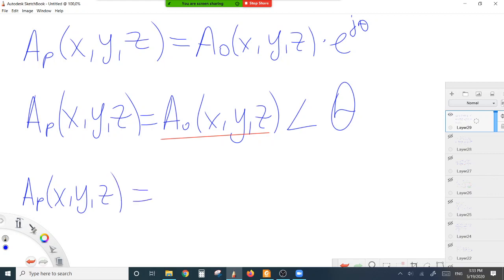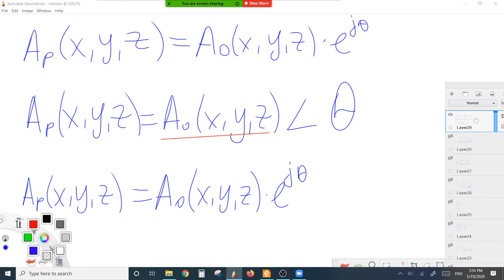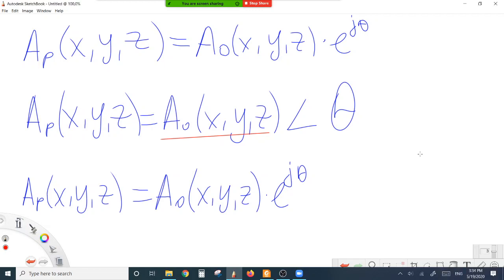The first form is A0(x, y, z) e to the power of j theta, which is called exponential form.